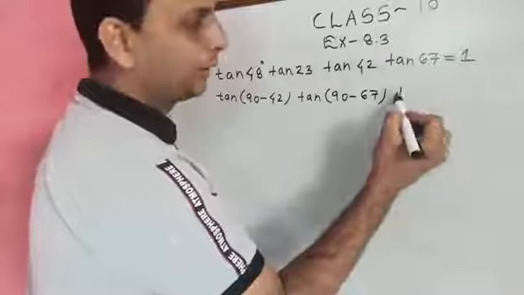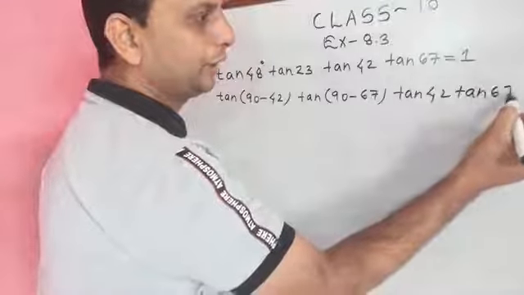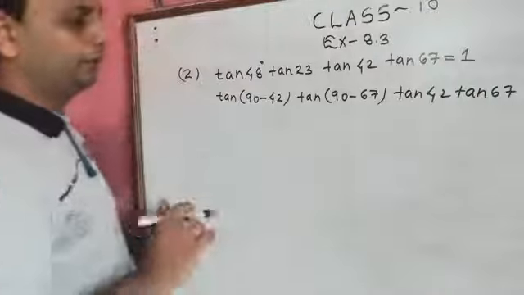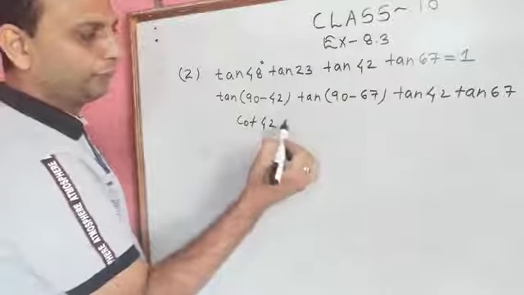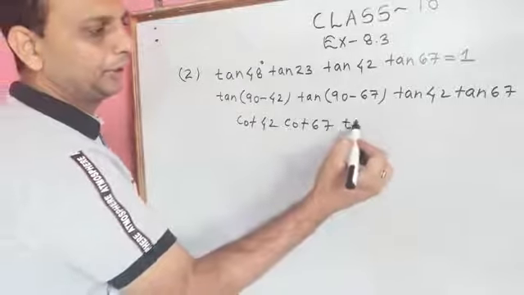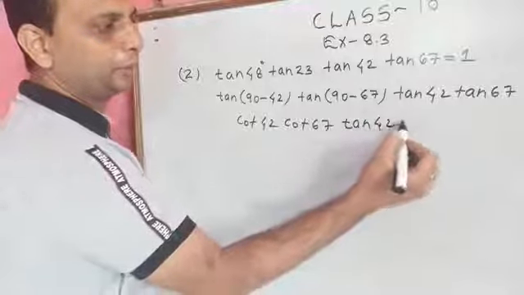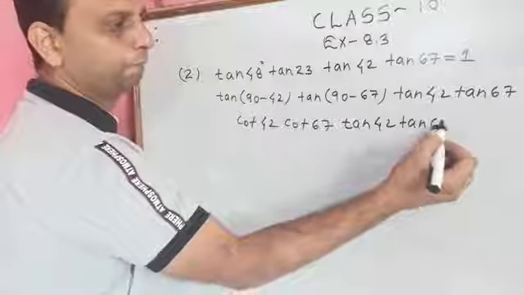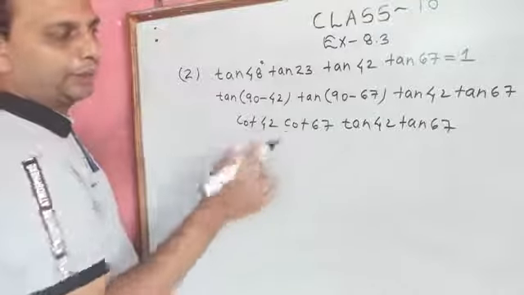Then next one is the tan 42, tan 67. This we have to prove equal to 1. So this will be equal to cot 42, cot 67, tan 42, tan 67. Now tan and cot, they both are related to each other.